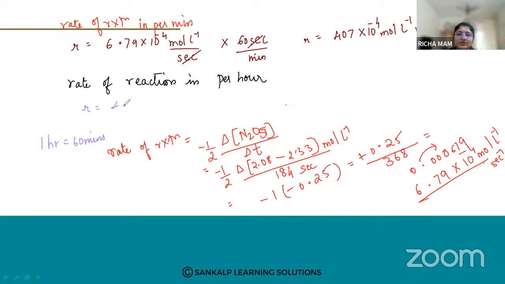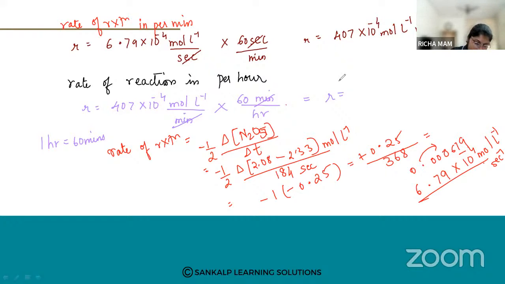So we can calculate: 407 into 10 raised to minus 4 mole per liter per minute into 60 minutes per hour. So minute and minute get cancelled. What will you get? R is equal to, calculate now, 407 into 60 is 24420 into 10 raised to minus 4 mole per liter per hour.